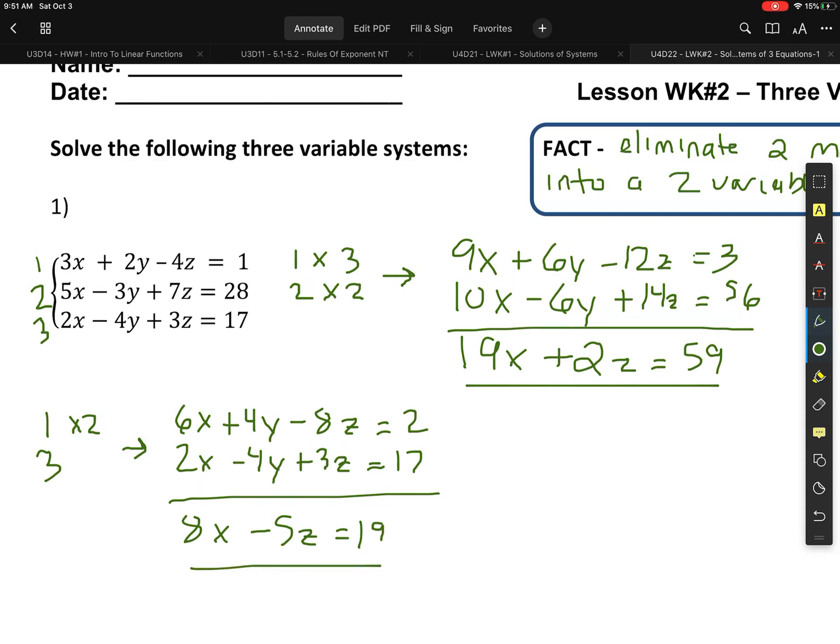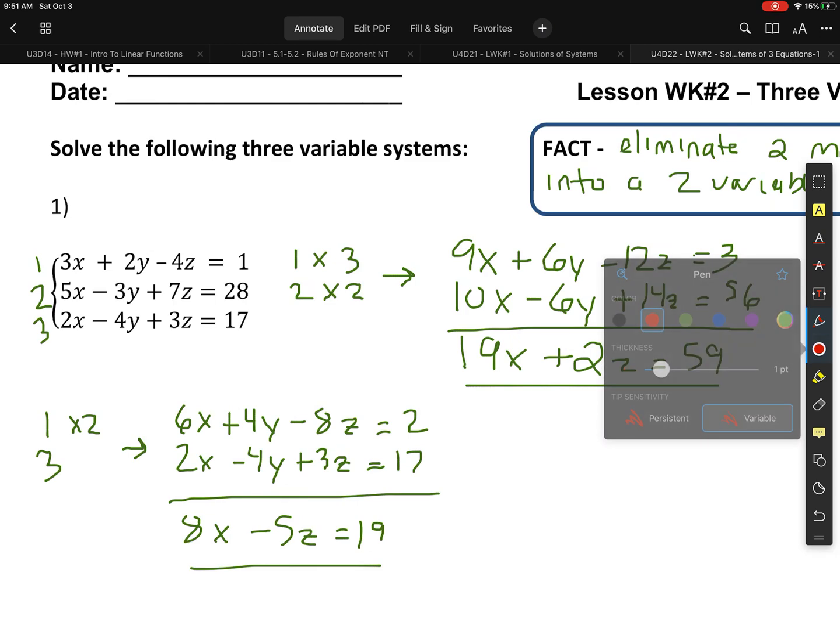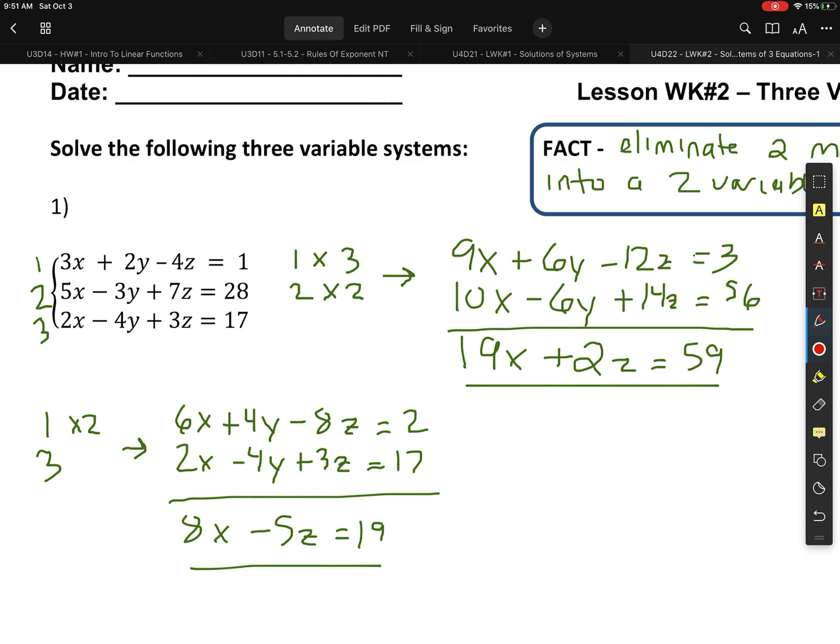There we have it. Now I've set this up so that I have an XZ system. So I'm doing exactly what we were doing on the previous worksheet.